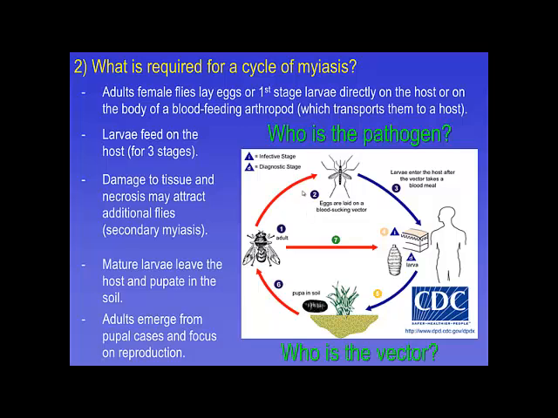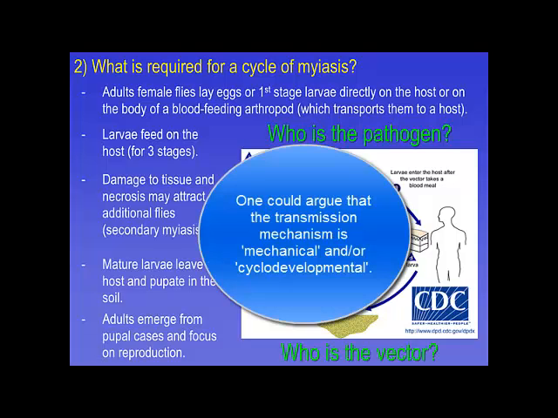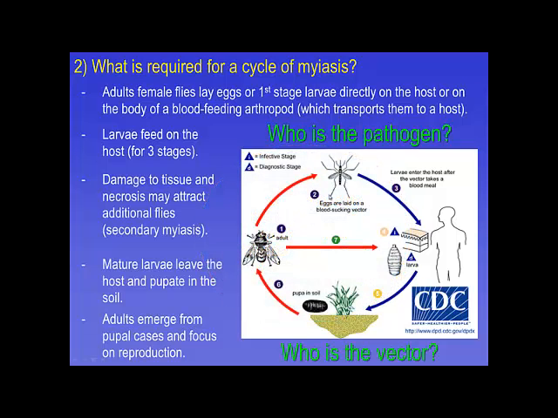I would argue that it lies somewhere between a mechanical and maybe a cyclodevelopmental transmission. So there's certainly a mechanical transmission of the pathogen, which in this case could be the eggs and larvae, by the blood-feeding arthropod to the host. Or if you consider that the eggs need to hatch either on the vertebrate host or within the insect vector, then you could consider it a cyclodevelopmental transmission. But it's probably least likely to be considered a cyclopropagative or a propagative one.